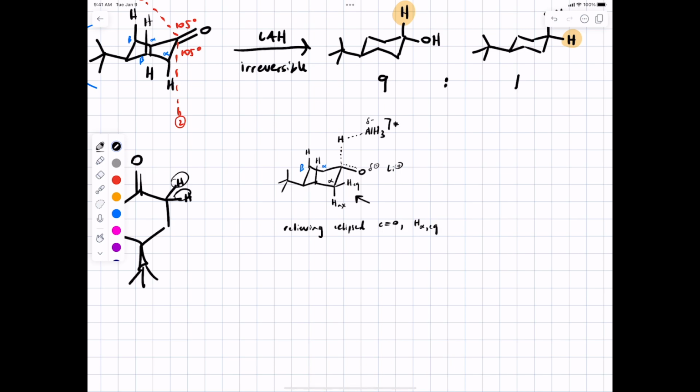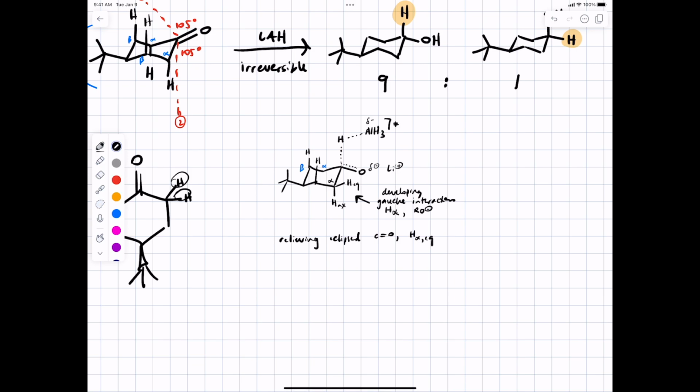Instead, what we're getting is developing gauche interactions between the alpha protons and the negatively charged oxygen. So that should be favorable, right? We're getting rid of an eclipsed interaction.